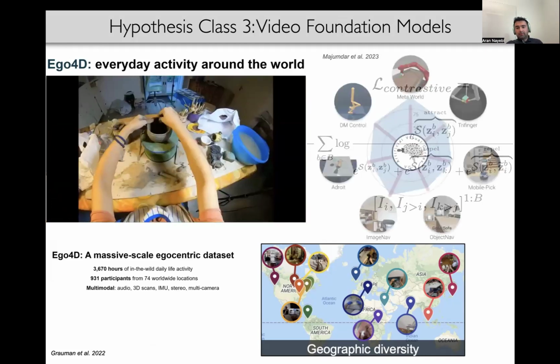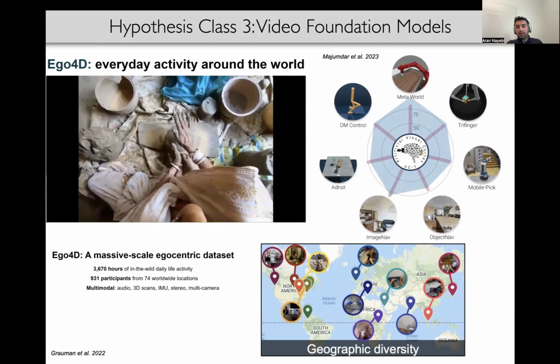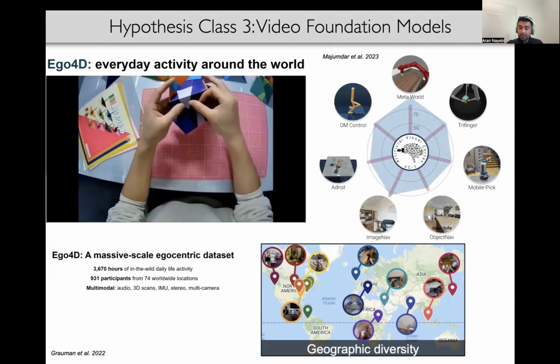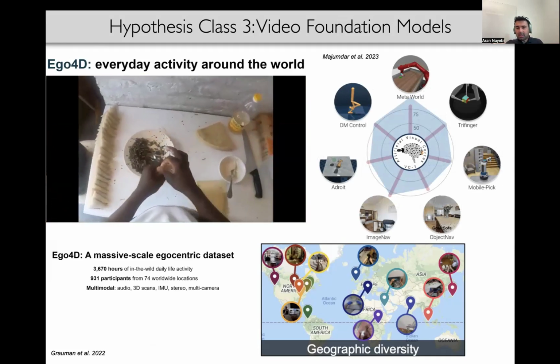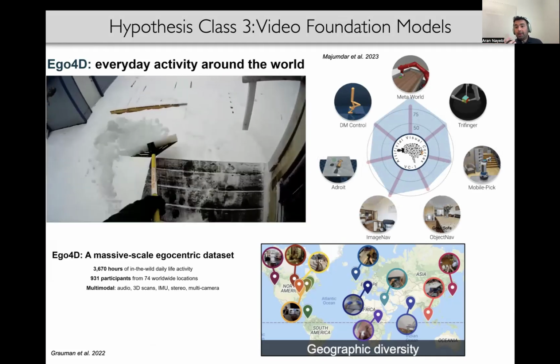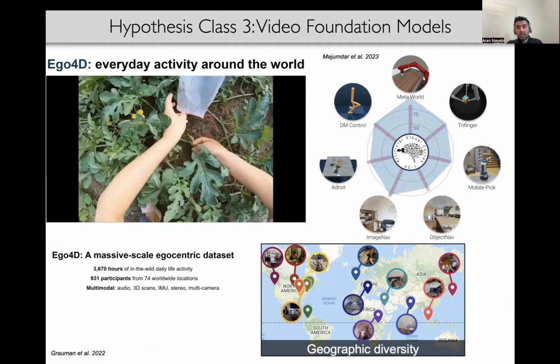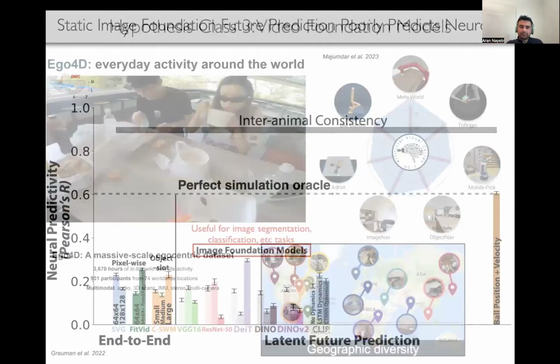It was shown from the work of several people in 2023 that doing this kind of contrastive learning on Ego4D gave rise to representations that could transfer well to out of distribution embodied tasks, not perfectly, but much better than, say, what we had with static image foundation models.